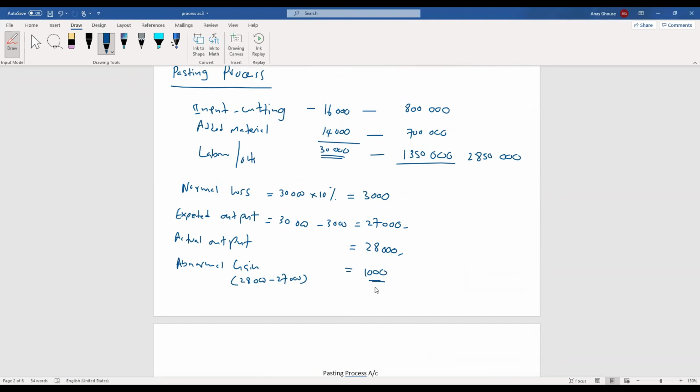But if you analyze the total loss, our total input to the process was 30,000 and actual output is 28,000. So therefore the total loss is 2,000. This could be sold at 50 per unit.